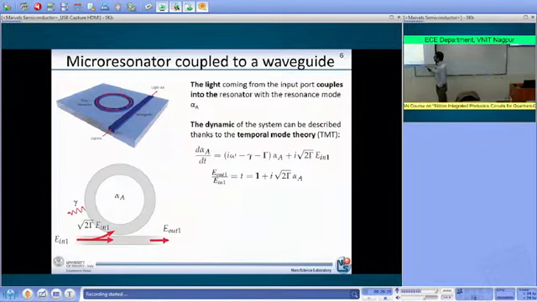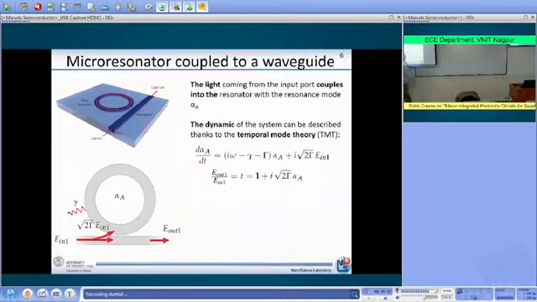Then here you have a capital gamma. Capital gamma describes the coupling between the field in the bus waveguide and the mode that is traveling inside the microring resonator. And here you have a negative sign because if you are able to couple in light, the same light can be coupled out from the microring resonator.